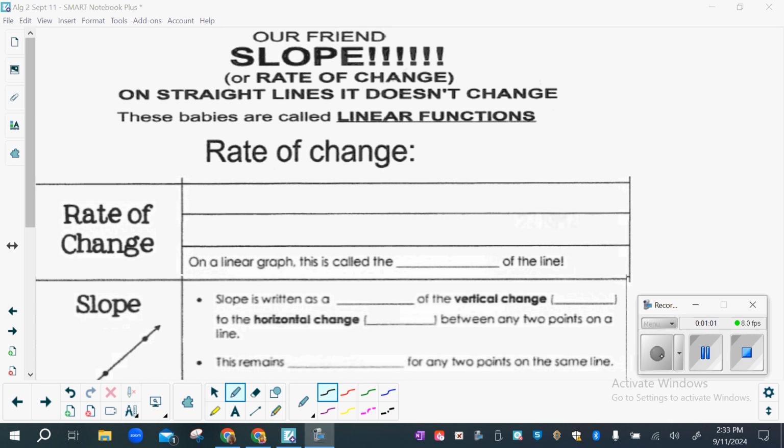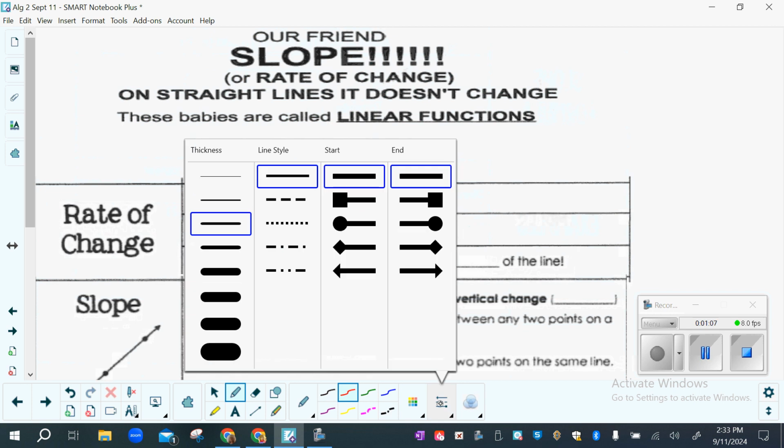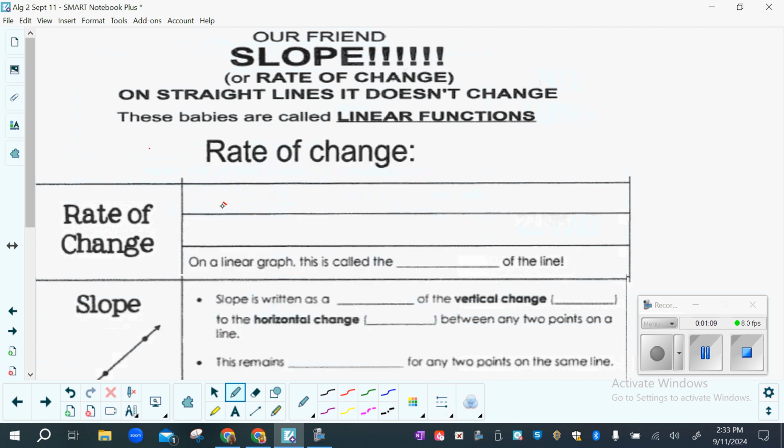Okay, so the rate of change is a rate of steady increase or decrease.